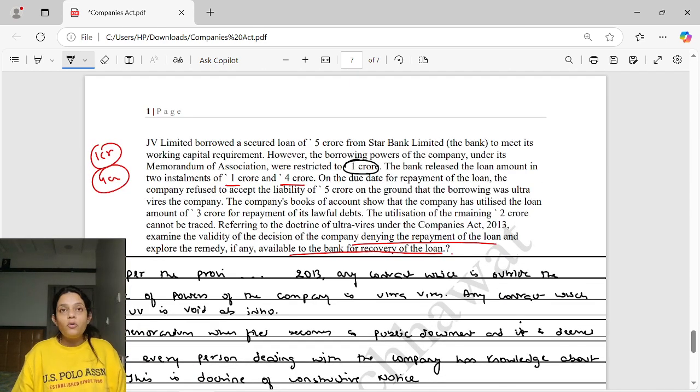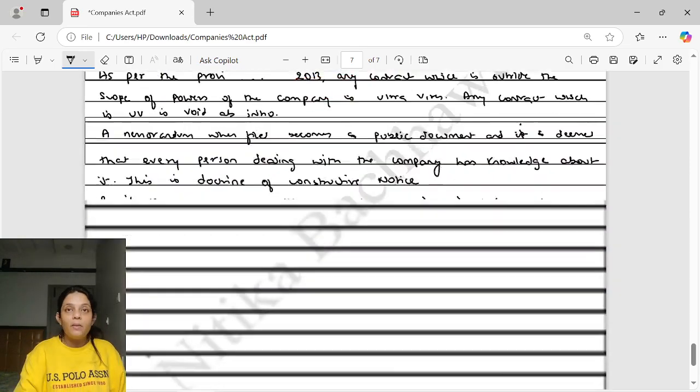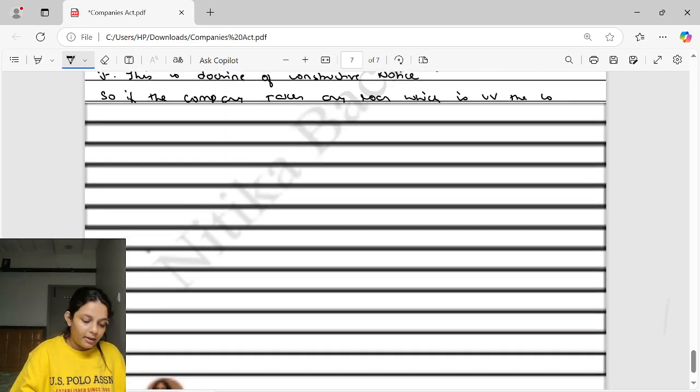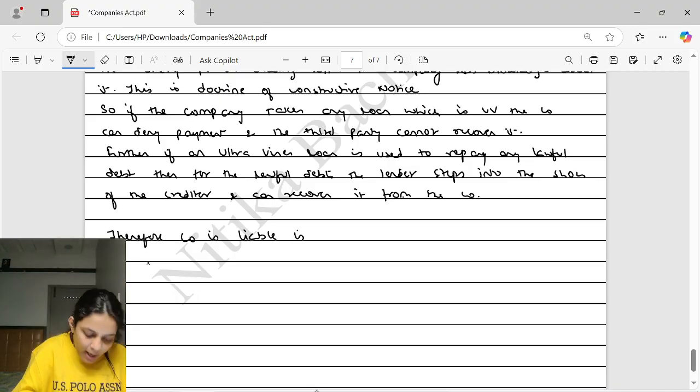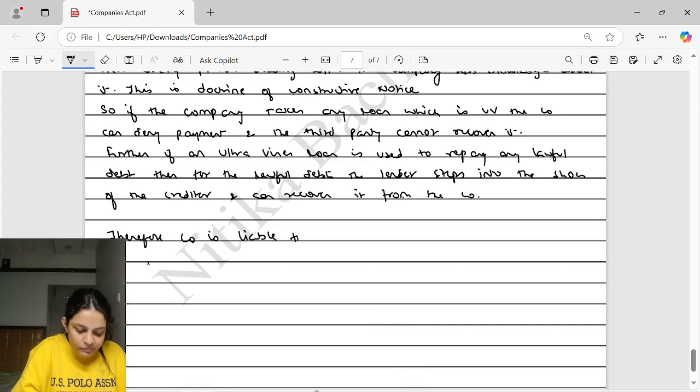So here 1 crore is anyway payable because that is intra vires. Out of the 4 crores, 3 crores is payable because it is traceable to a lawful debt. Therefore, the company is liable to repay rupees 4 crore.